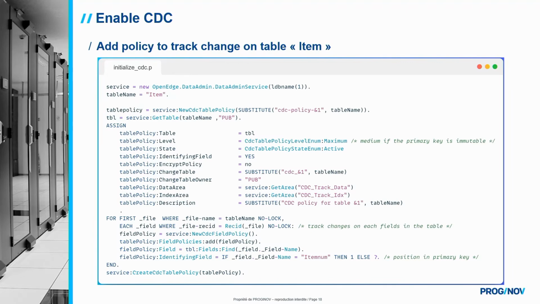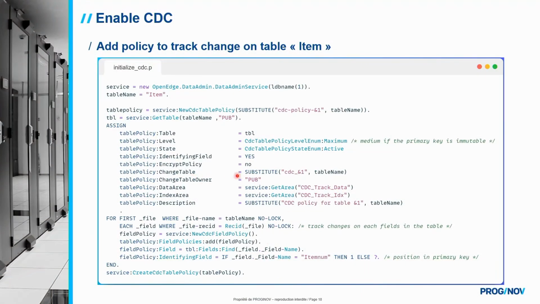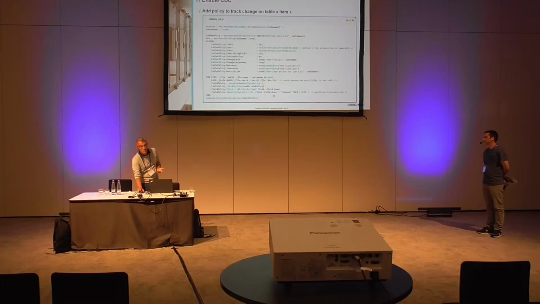You can find it. It's to enable the policy for a specific table. In this case, it's for the table item. And as you can see, there is a CDC table, CDCChangeItem as we called it, and it is stored in these two areas. And we are setting some identifying things, which is item num for item.